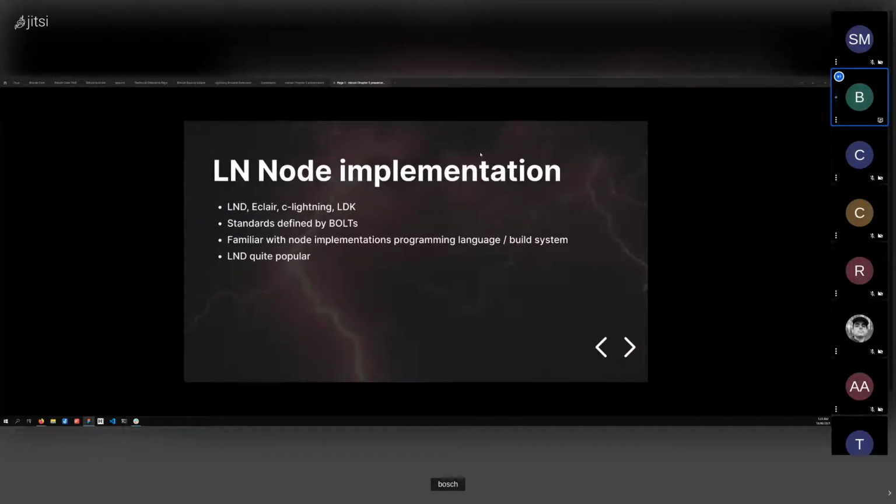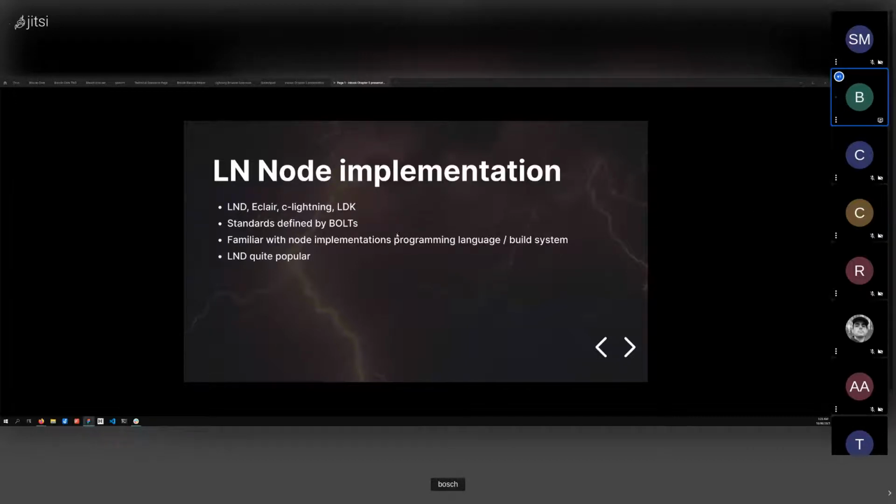So just going to quickly cover the different Lightning Network node implementations. When running a Lightning Network node, there's primarily 3 or 4 main implementations you may want to choose from, depending on your circumstances and what features you want. I won't go into detail on what each one has, but the 4 main ones are LND, Eclair, C Lightning, and now there's LDK, which I think Blue Wallet is probably the first major project to adopt.